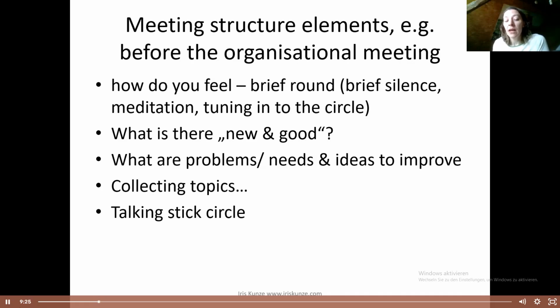Yeah. And if you have a discussion in the group on any kind of topic, and you notice, okay, it's always the same people talking, or it goes very much into a discussion and people are interrupting each other, then you can say, okay, hold on, now we have a talking stick round.